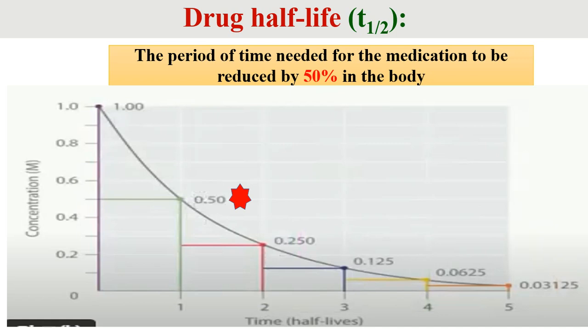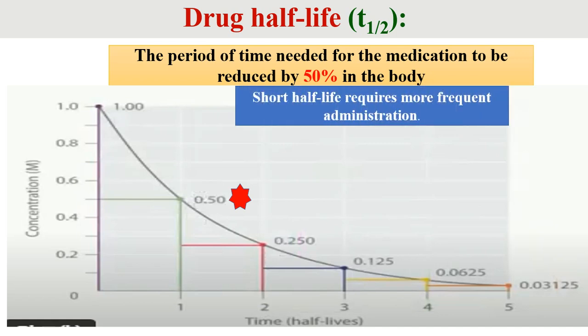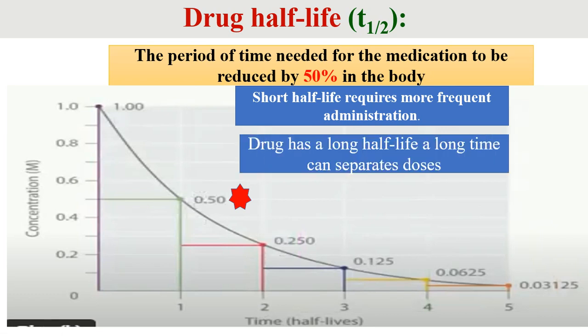You see in this red star the half-life of the drug, and at this time 50% of the drug will be lost from the body. So a short half-life requires more frequent administration, and a drug with a long half-life can have longer intervals between doses.